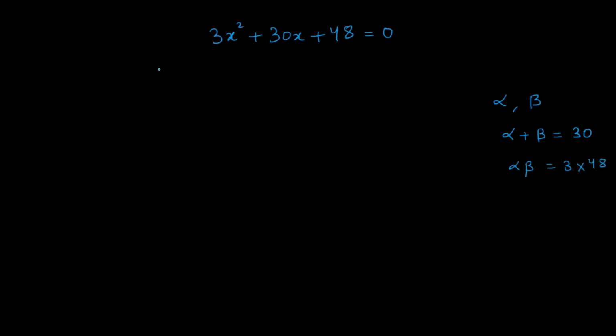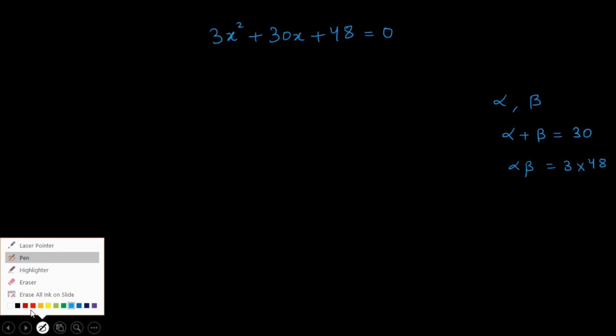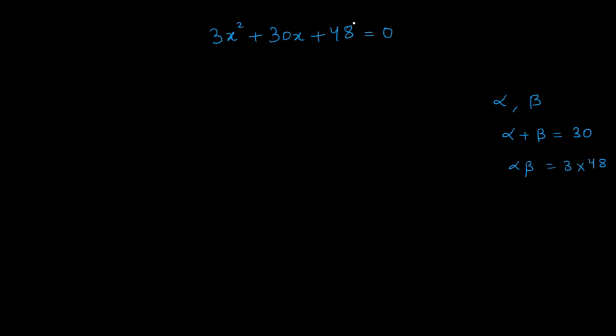We also know that it's really difficult to find the two numbers whose sum is 30 and multiplication is 48 times 3. So for that, we'll just factorize the constant term, which is 48.